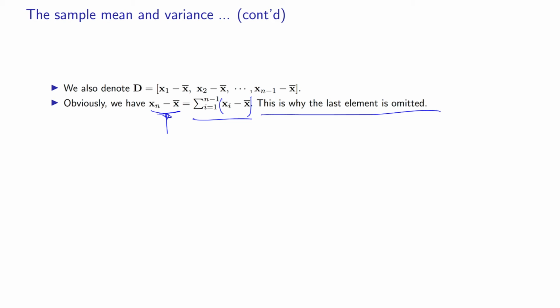This is why when we define the sample variance, we take the sum of squares of these divided by n-1, because basically we have n-1 independent random variables. The last one depends on the previous ones and shall be omitted.